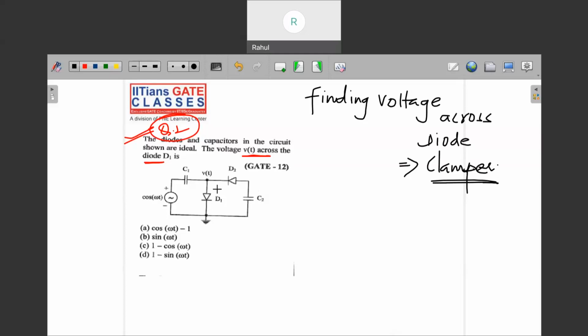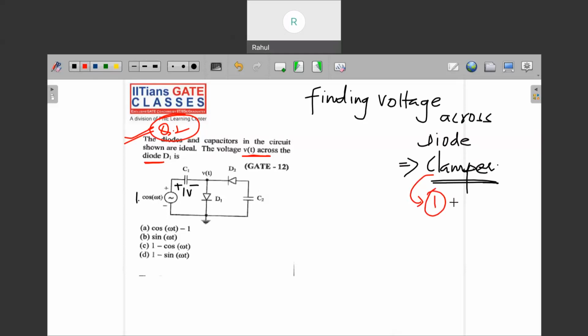So what will happen initially is that this diode will turn on, so this capacitor will charge up to 1 volt, because the amplitude here is 1 volt. And then you can remove this capacitor, because I have told you a two-step process to solve any clamper circuit problem.